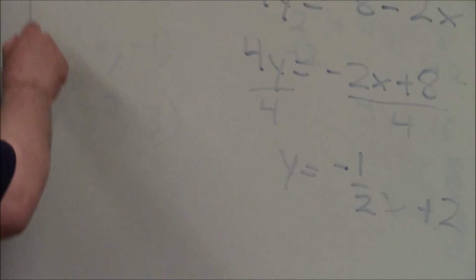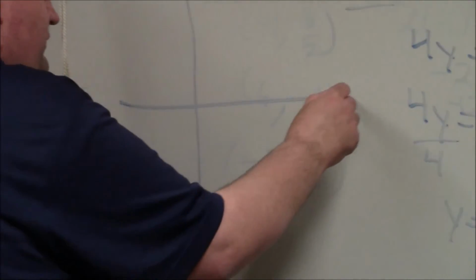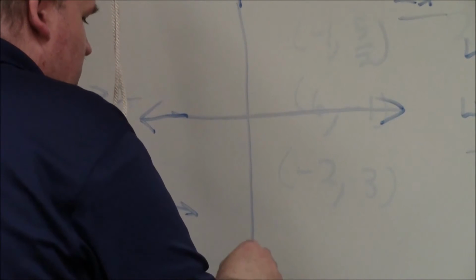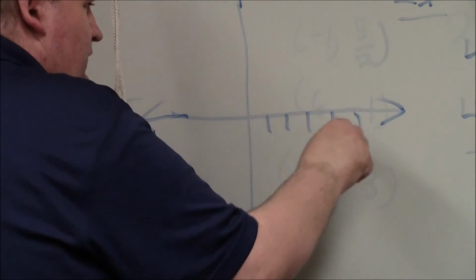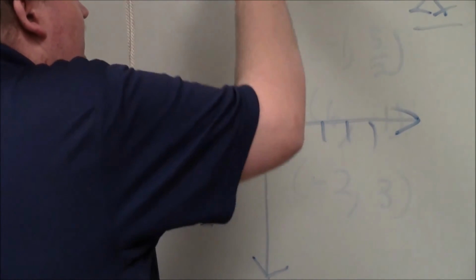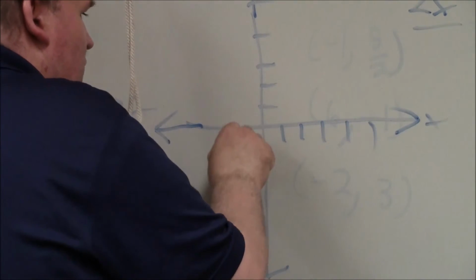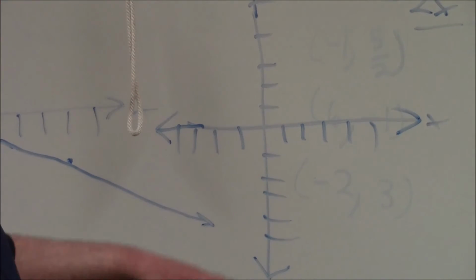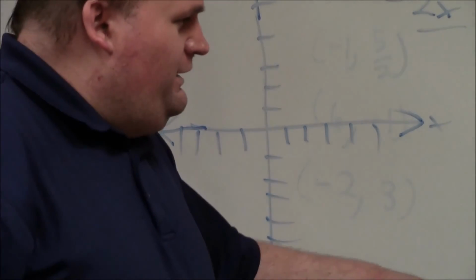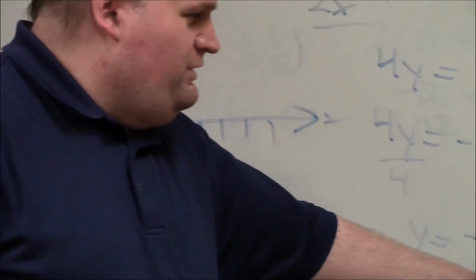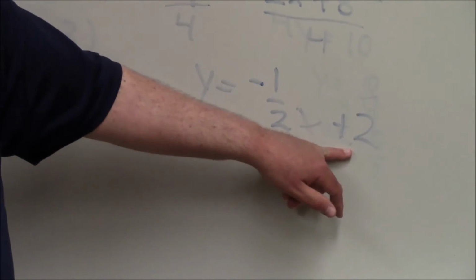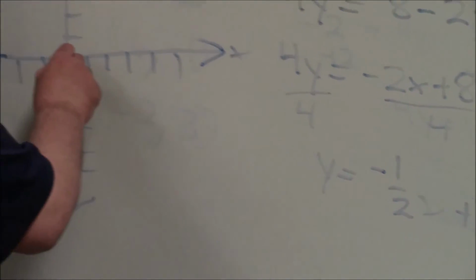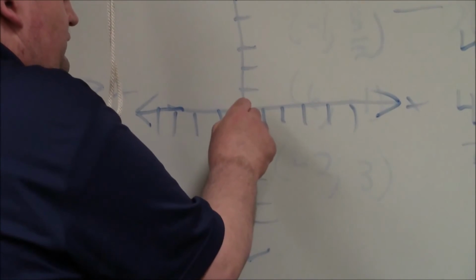So here's how we're going to graph it using the y-intercept. We find the y-intercept, which is the number that is not attached to the x. So it would be (0, 2), because we are not going anywhere in the x direction.